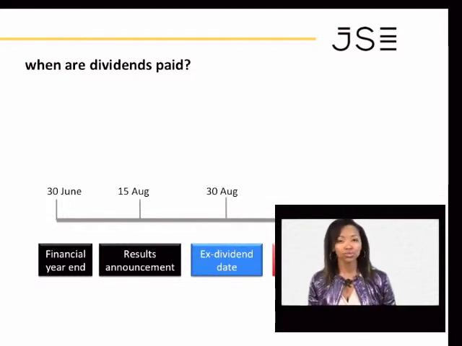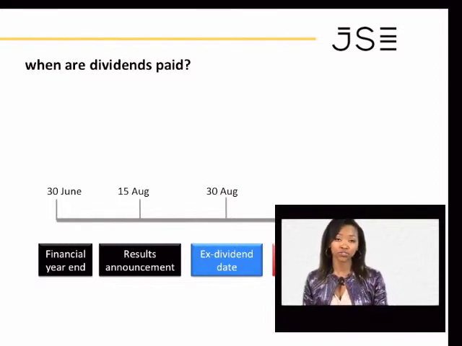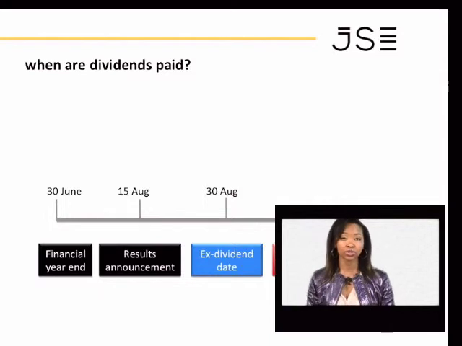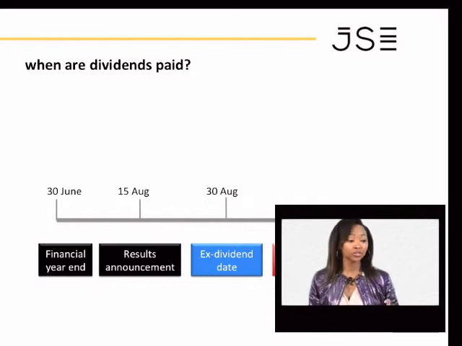Something also to bear in mind is that when you buy a share, it doesn't automatically or instantly get transferred into your name. There's a settlement period, and it's usually 5 business days. So when you look at the ex-dividend date, you need to trade that share bearing in mind that 5 business day settlement period if you still want to earn the dividend.